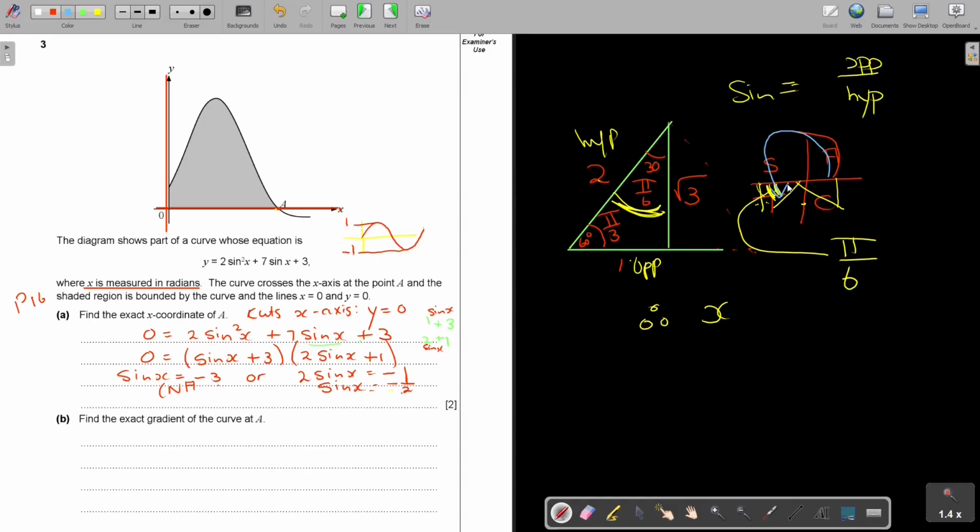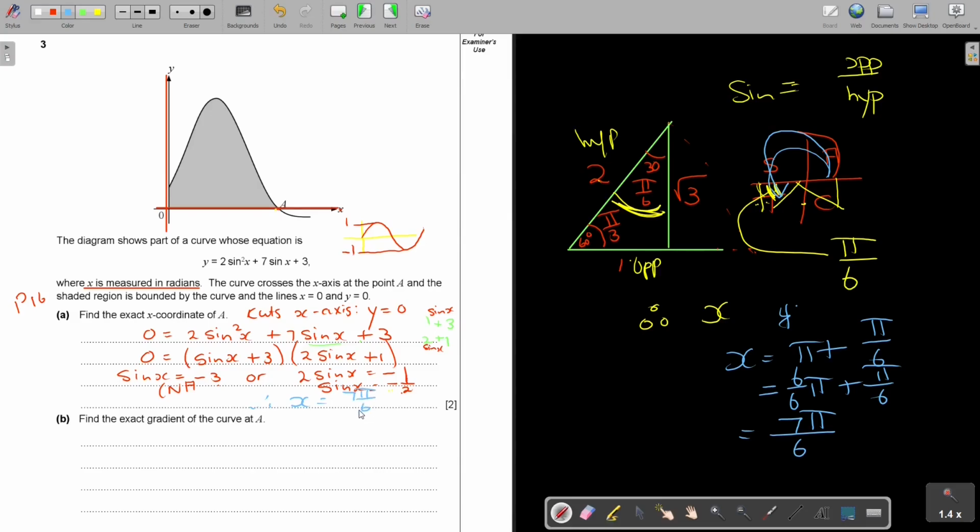To get x, it's going to be pi plus pi over 6. Remember, this is 6 over 6 pi plus pi over 6, and that's going to be 7 pi over 6. So the value of x is 7 pi over 6.